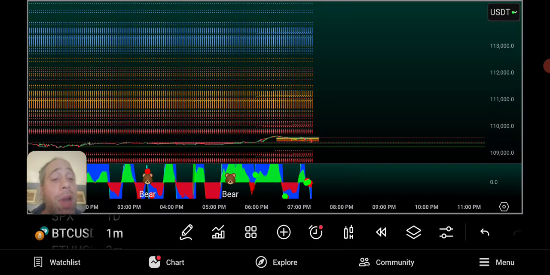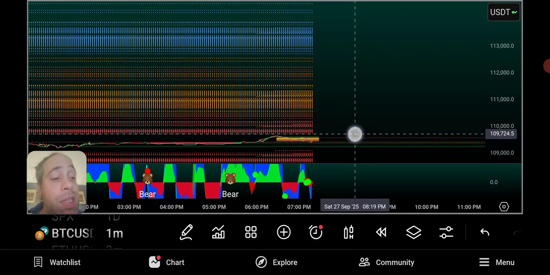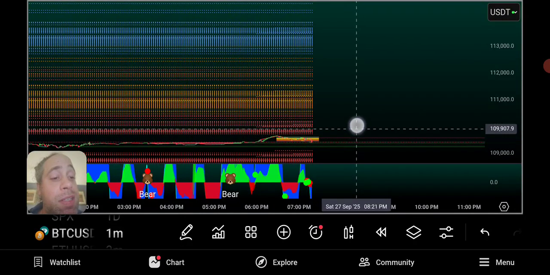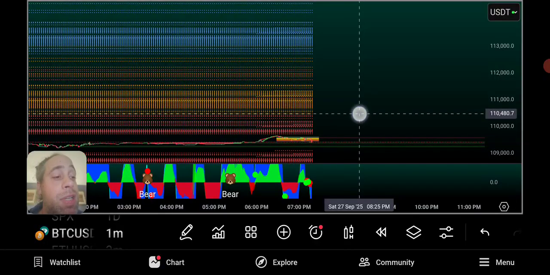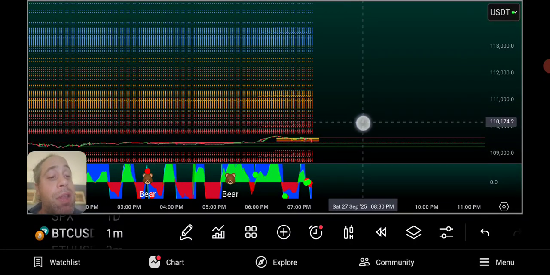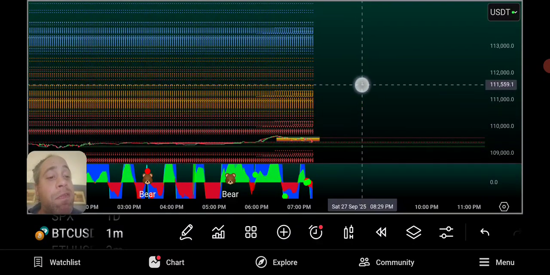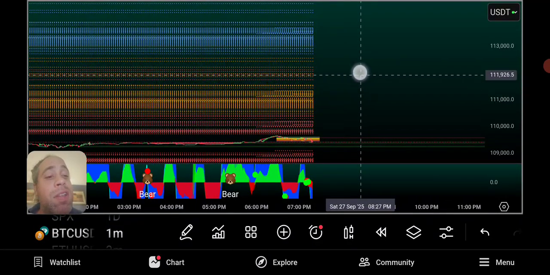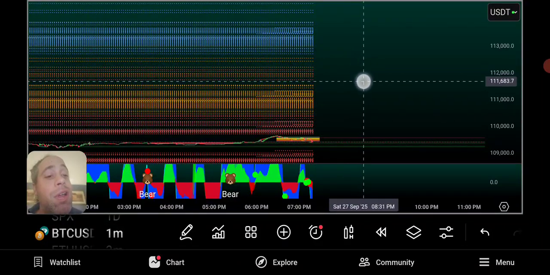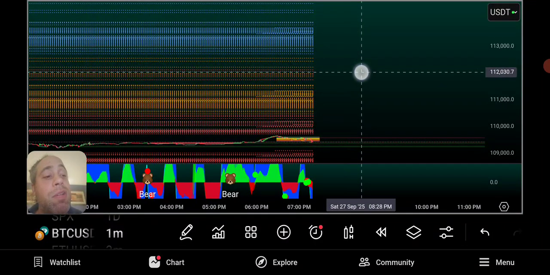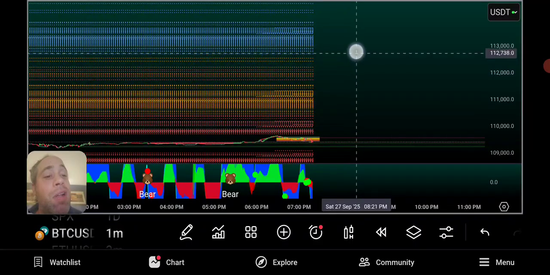Or if we take the downside and reverse back up, targets to the upside are 109.7 to 110.5 for the 200x liquidations, 110.5 to 111.5 for the 100x, and then we have that little cluster of 200x and 100x at about 112.